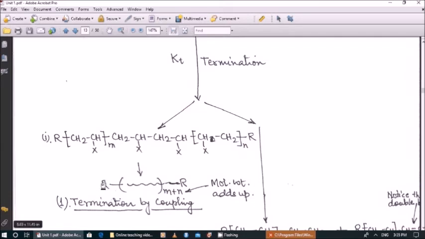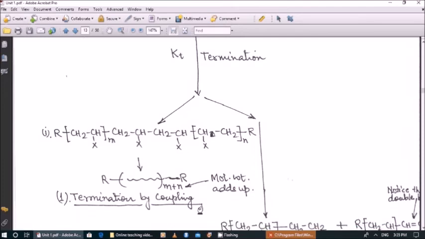Symbolically we can write R m plus n R. So the total number of repeating units in the polymer chain will be m plus n, and this type of termination is known as termination by coupling.